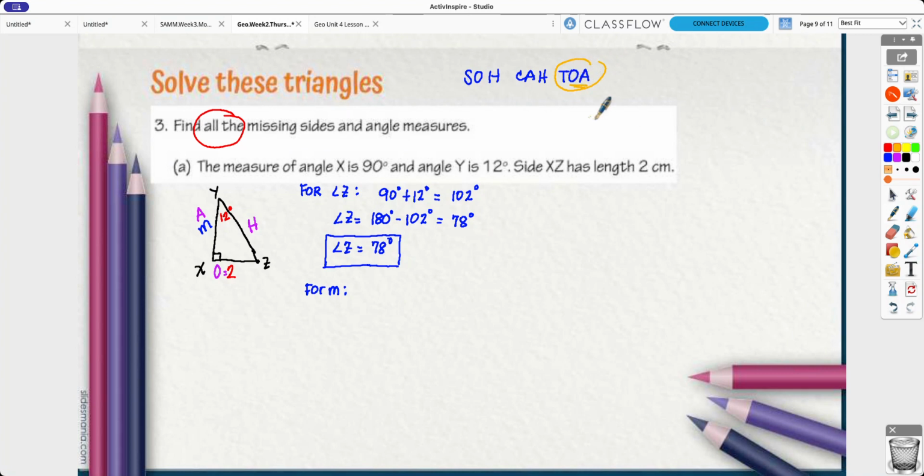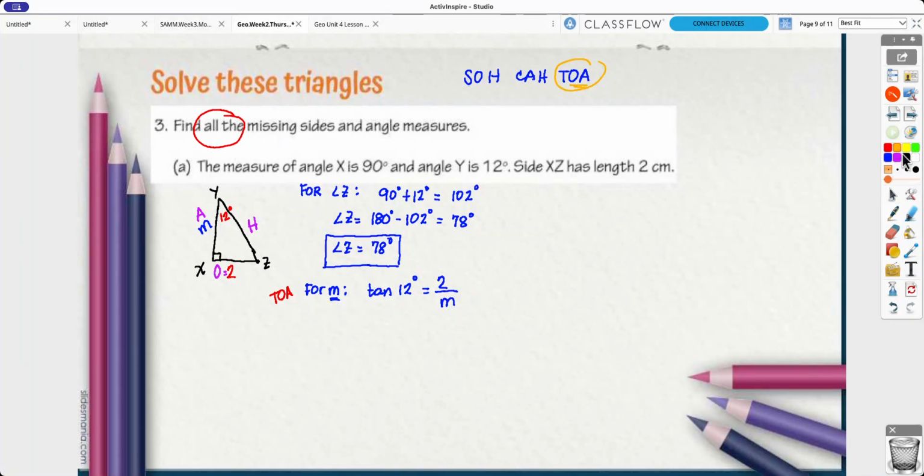O and A. So for O and A, we use TOA. Let me write it down here. Which means that for M, we have to use tangent. So tangent of the angle, which is 12 degrees in this case, is equal to O. The O is 2, and the A is M.